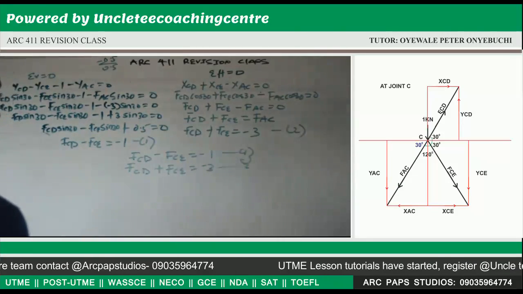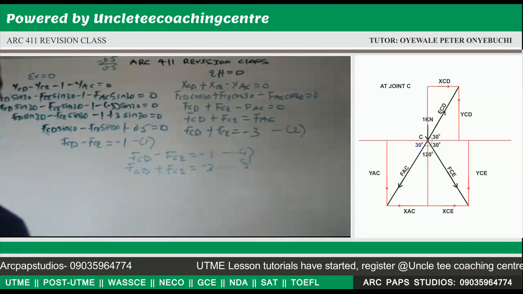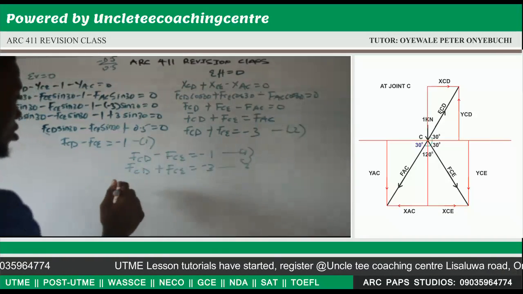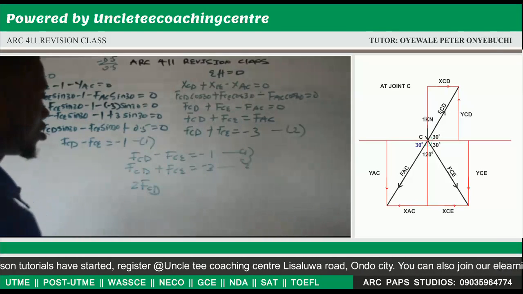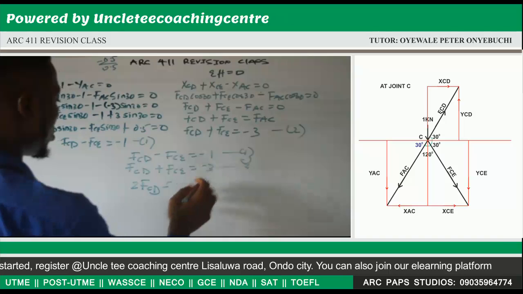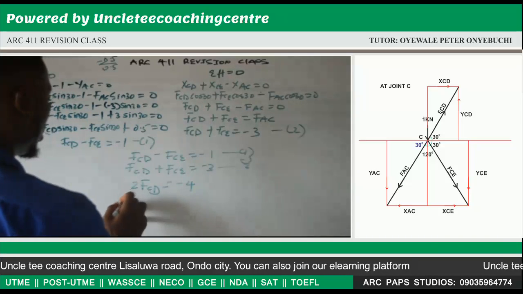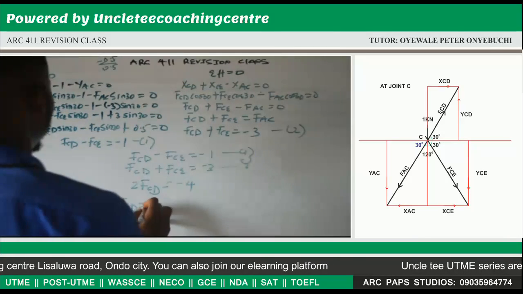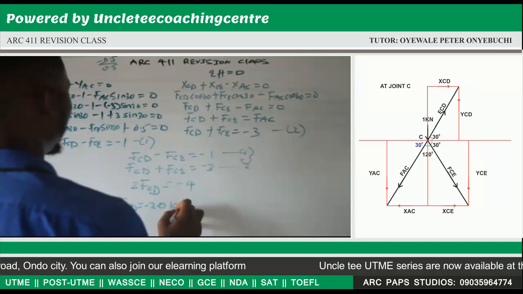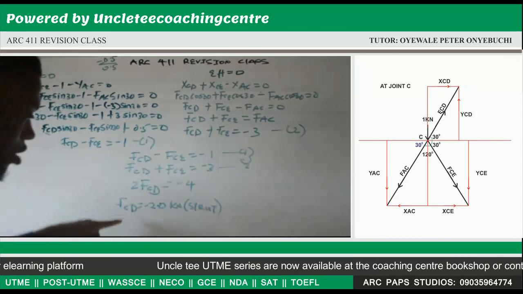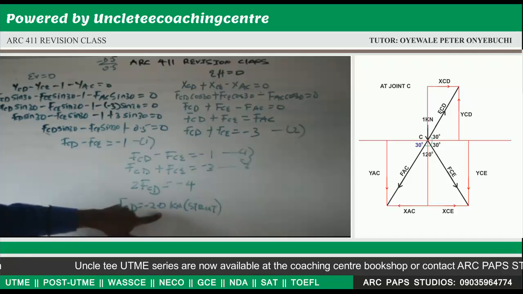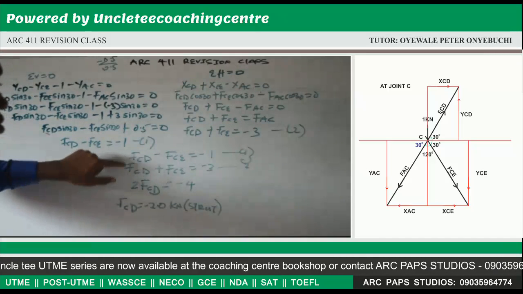Now, if you add equation 1 and equation 2, FCD plus FCD, this will give us 2FCD. This plus this, that is 0. Minus 1 minus 3, minus 4. This means our FCD is equal to minus 2.0 kilonewton, which is a strut. Now, since we have gotten our FCD to be minus 2.0 kilonewton, we substitute it in any of the equations.